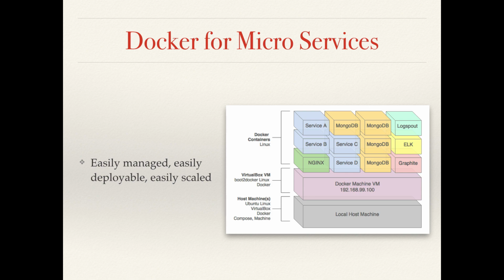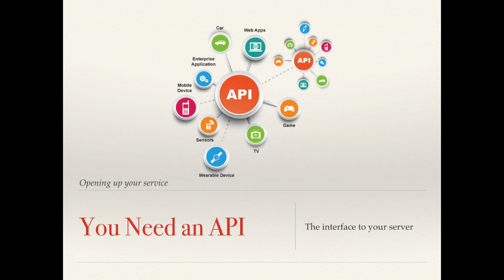Well, here's a diagram, and Docker is going to make our microservices easily manageable, easily deployable, and easily scalable. So in this diagram, as you can see, we have several instances of MongoDB, and each one of those are going to be containerized, and we can deploy as many as we need, as quickly as we need, as requests and demand go up.